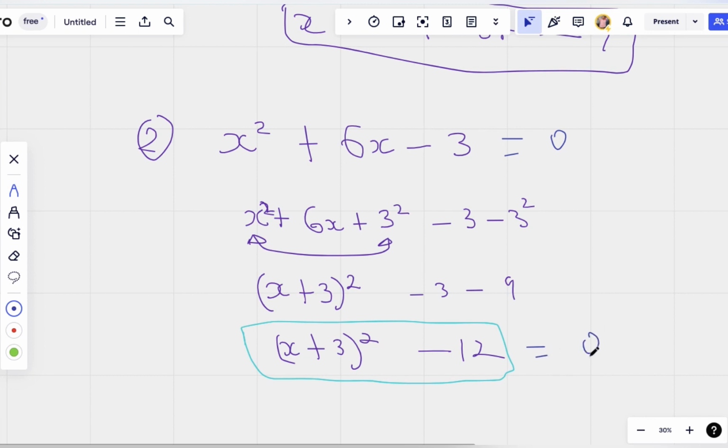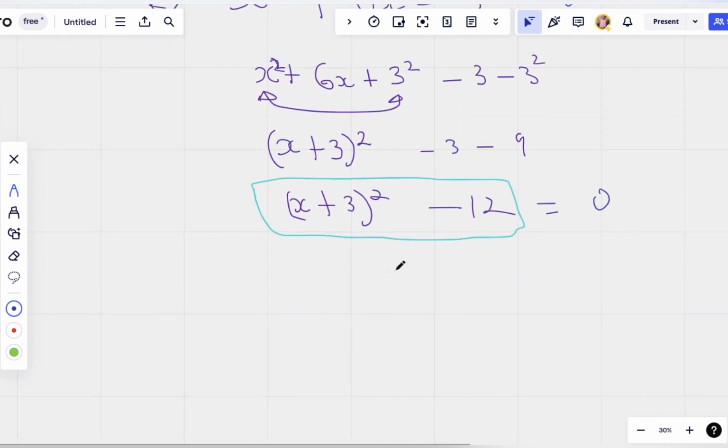We move the negative to the right. So we have x plus 3 squared equal to, you move negative 12 to the right, becomes positive 12.